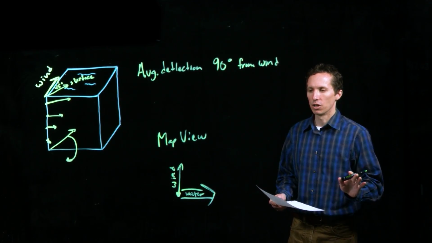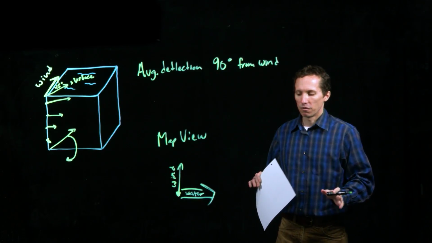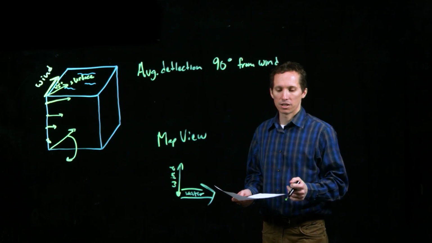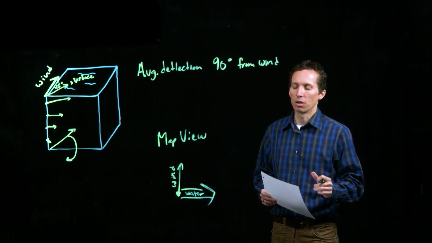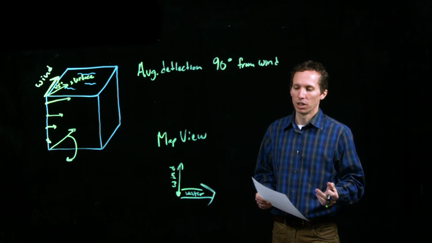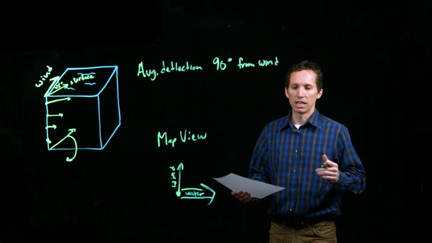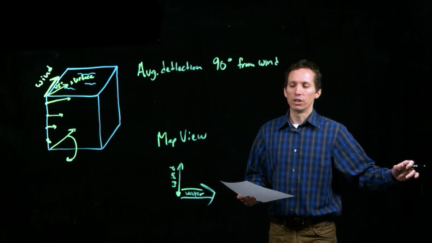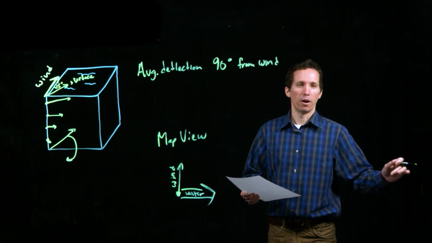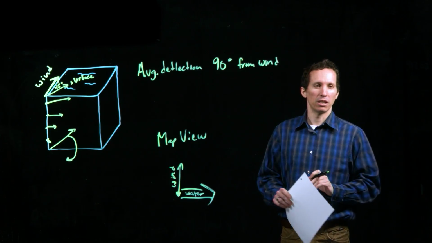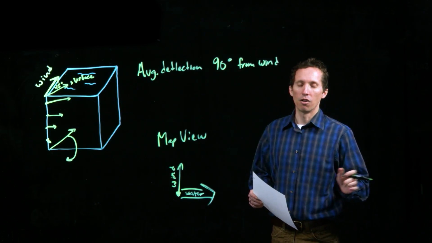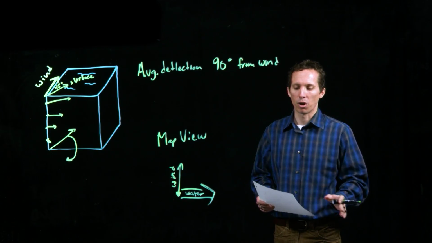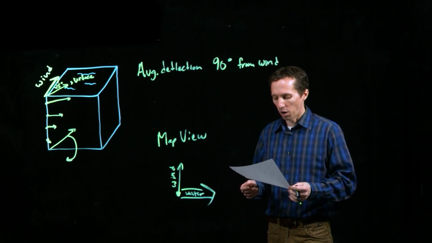And so that's why, if you ever get the opportunity to go to the Antarctic or somewhere where there's an iceberg floating in the water, the North Atlantic, for example, what you'll often see is that the icebergs are moving 90 degrees to the right or left, depending on which hemisphere you're in, of course, of the direction of the wind.